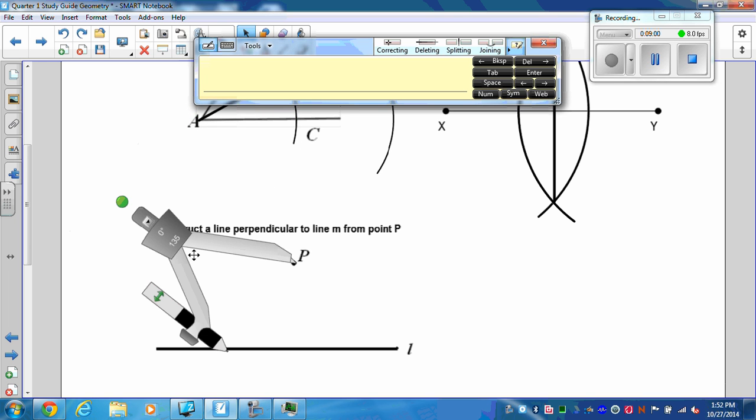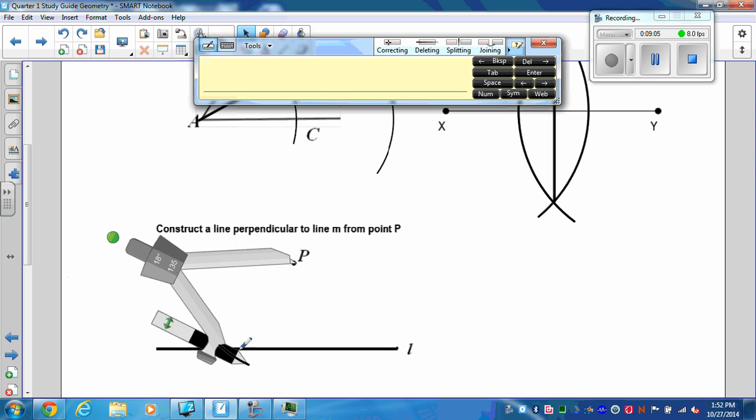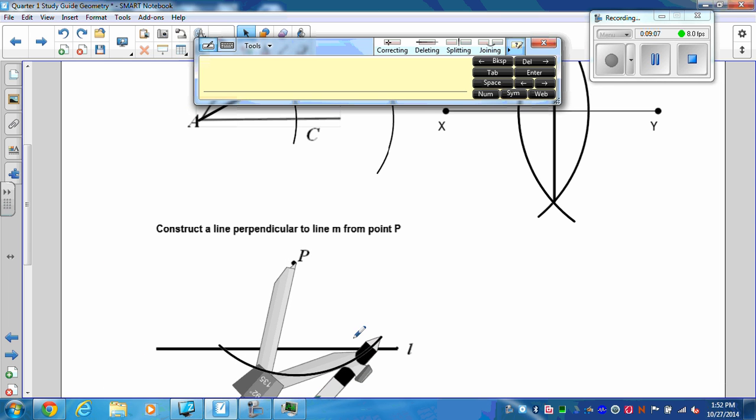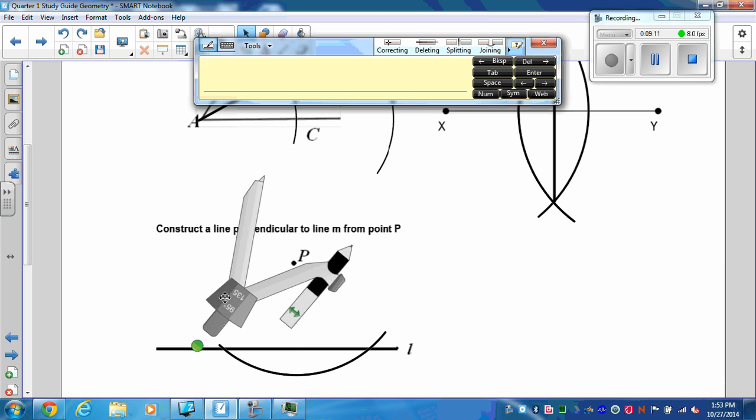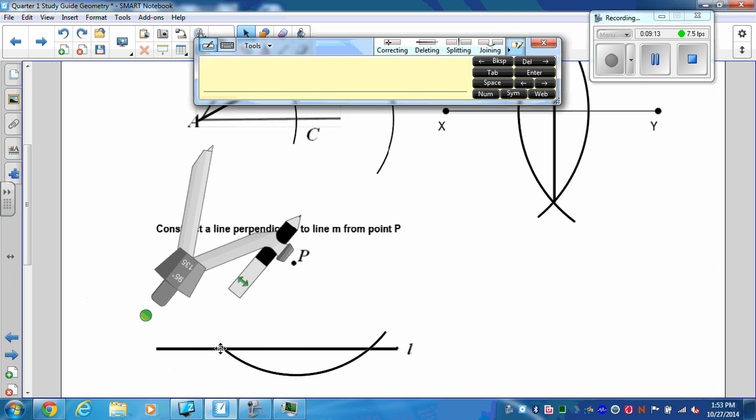Let me get it back down here. So now I'm ready to make my mark. So it's going to cross the line segment twice. And these are kind of important pieces because this is the intersection that I want to use along with this one.